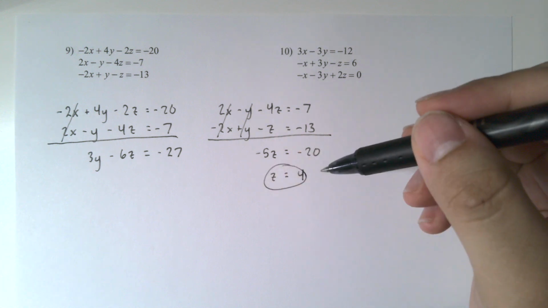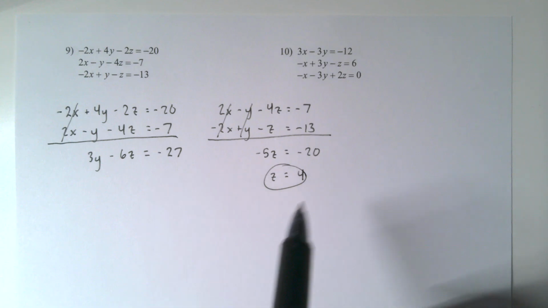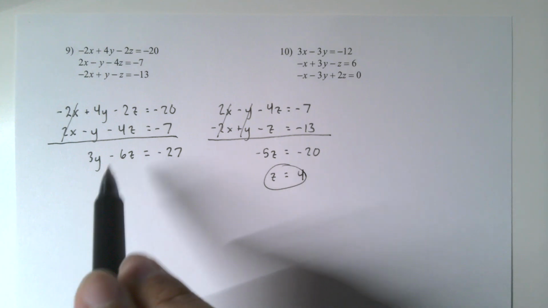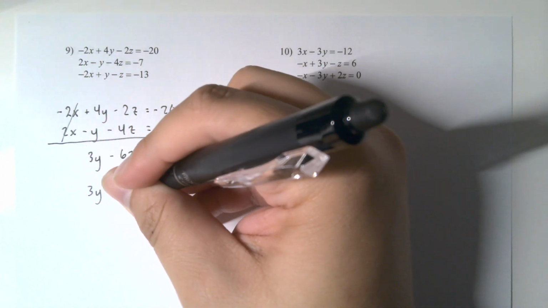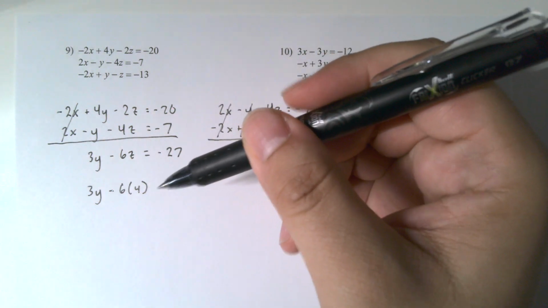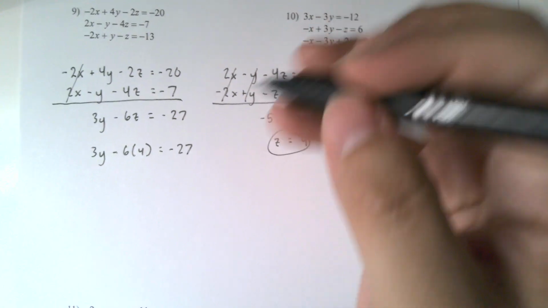Now that we know that z is equal to positive 4, we already have an equation with just y and z. We can actually swap out this z in this equation to find y. So if we do that, we now have 3y minus 6 times z, which we're going to replace with a positive 4, and that's equal to negative 27.